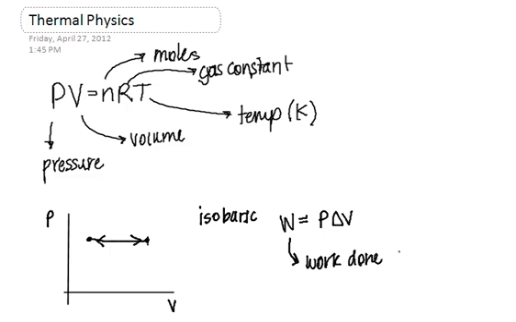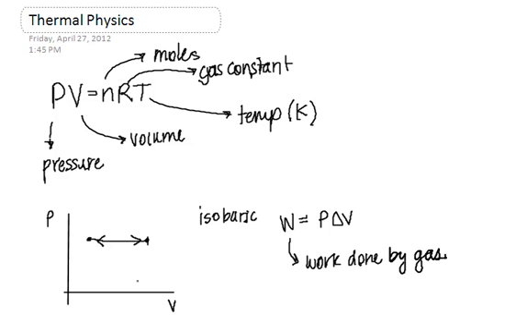When the gas expands and pushes on the environment, it is doing work because it's pushing something, and it's going to change that something's kinetic energy or its position. If you imagine a canister of gas that expands and pushes a piston up, then it can give something potential energy.